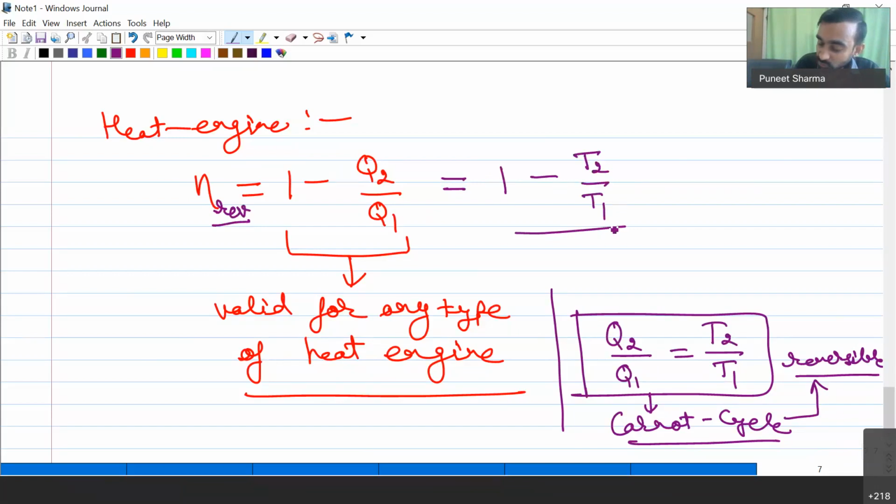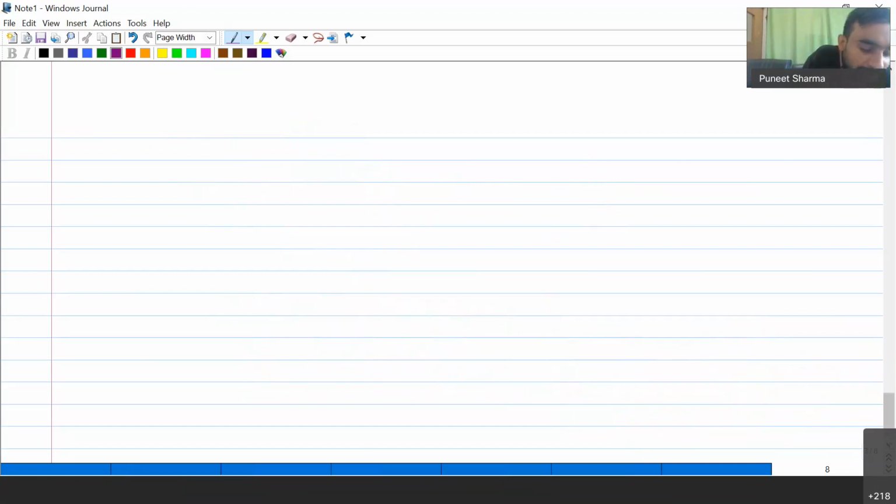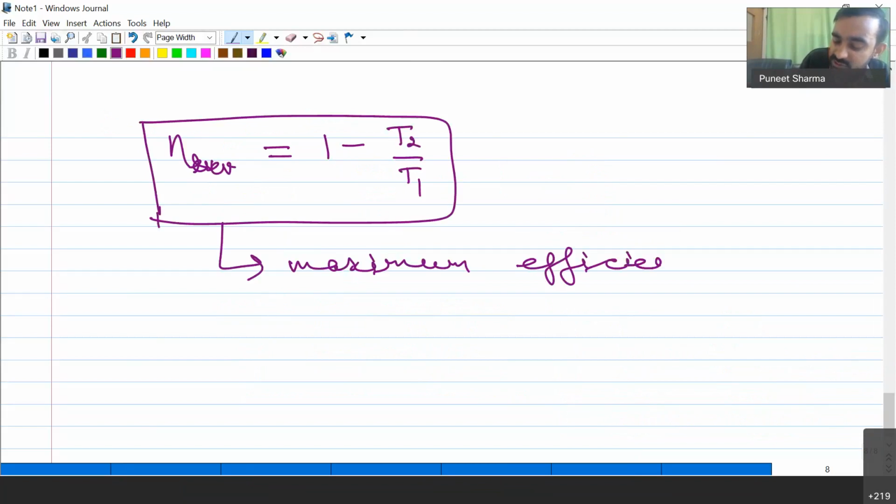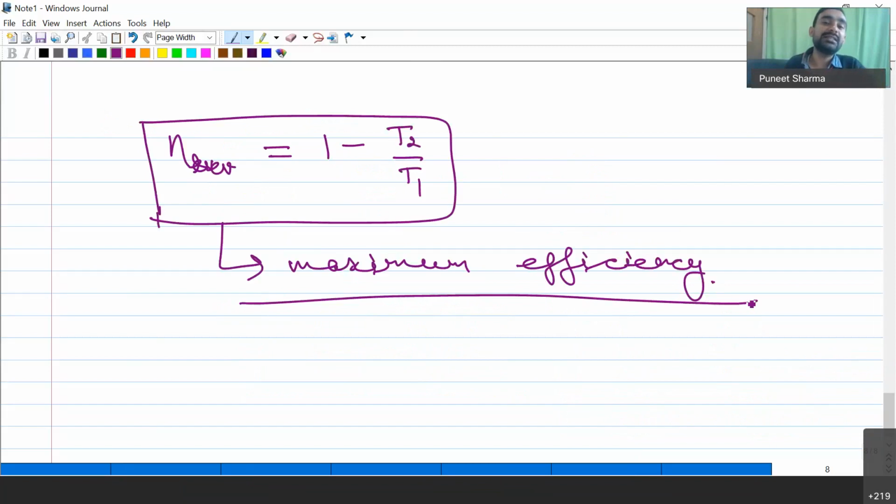Whatever the value of this reversible cycle efficiency we have got, 1 minus T2 by T1, this is the maximum efficiency that we can obtain from a heat engine. This is the maximum possible efficiency at which we can convert heat into work. Why?